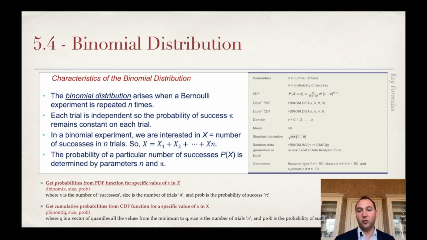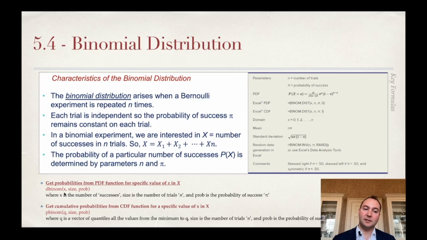So how many parameters do we have in the binomial distribution? We have 2. We need to know the number of trials, how many times we tried it. What is the probability of success each time you tried to do that thing? All right, so to get probabilities from a PDF function, we can use dbinom.